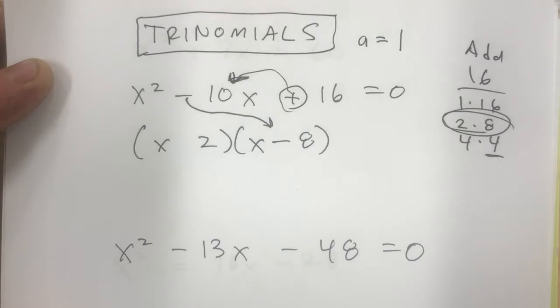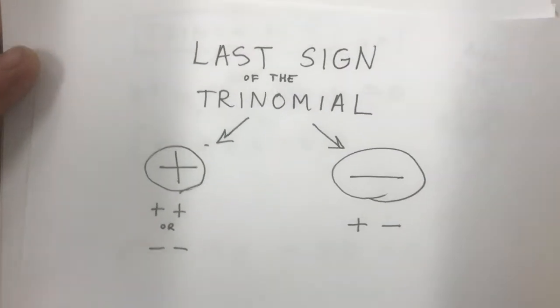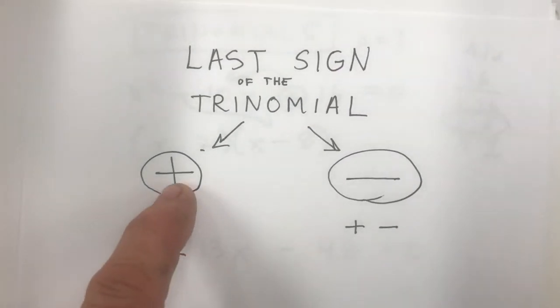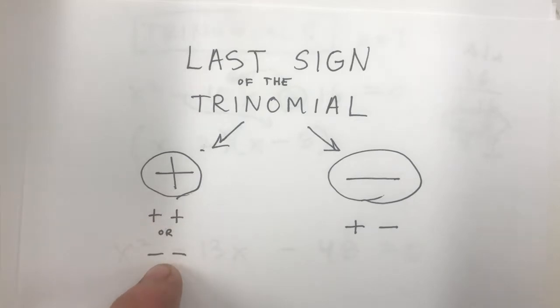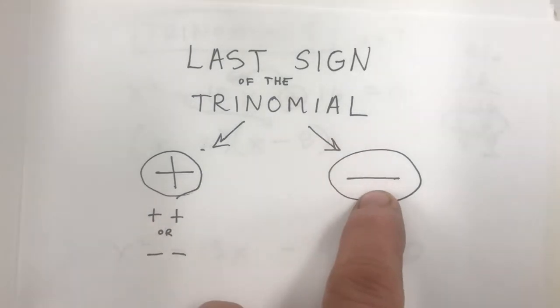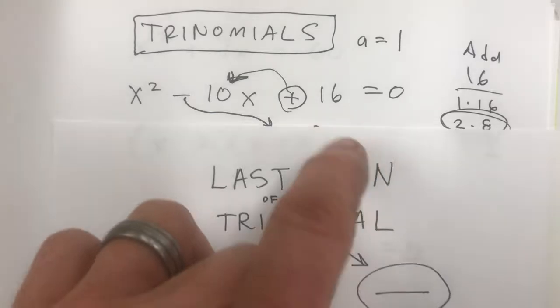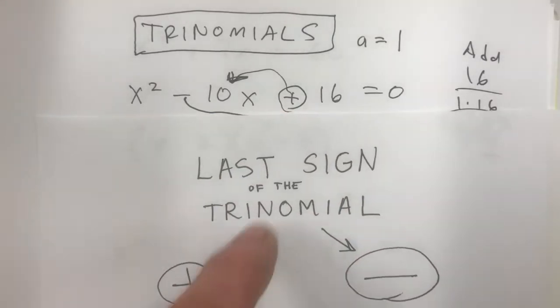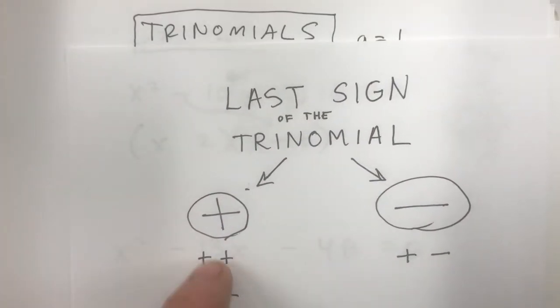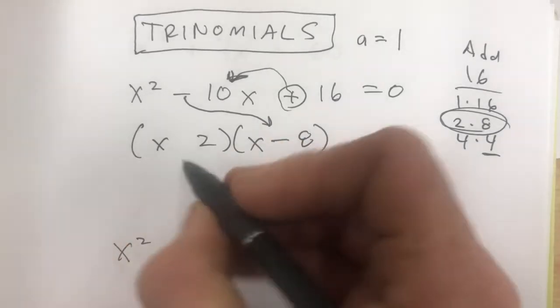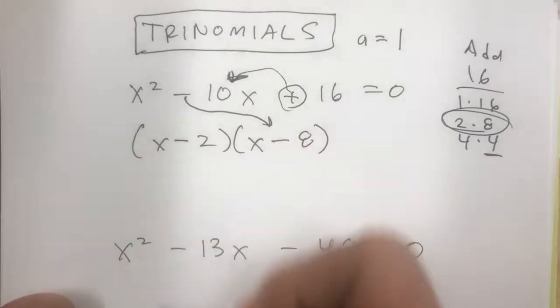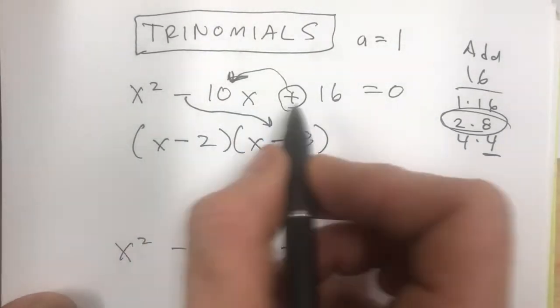And the last sign, remember from before when we talked about this, if the last sign is positive, they're both positive or they're both negative. If the last sign is negative, you have to have a positive and negative. Well, in this one, the last sign is a positive. All right, so they have to be the same. And since this one's already negative, this one has to be the same too. And so there's my factors of that trinomial.